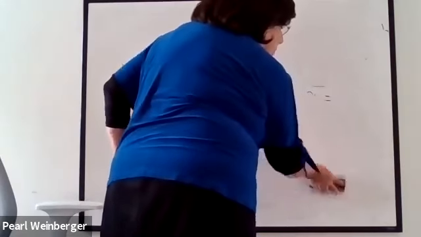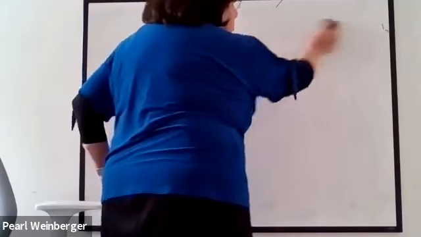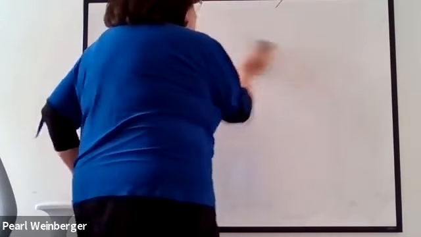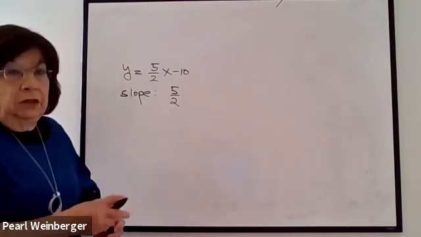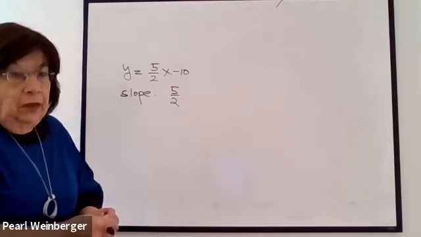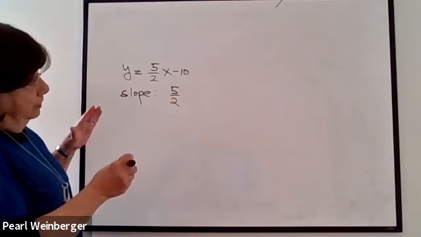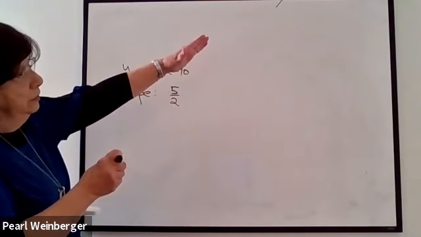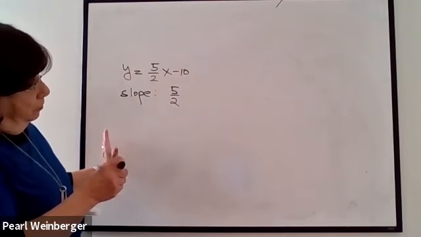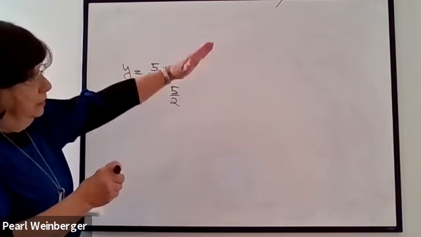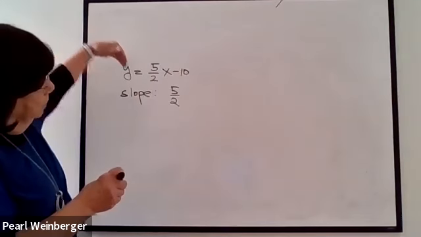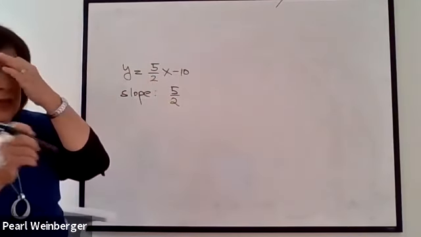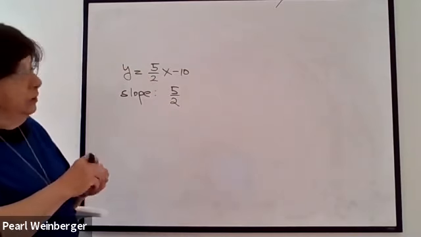We mentioned that the slope tells us a number of things. Number one, a positive slope tells us that the line is going up from left to right, it's rising. If my slope is negative, as you go from left to right, you would be going down. So that's number one, what the slope tells us.